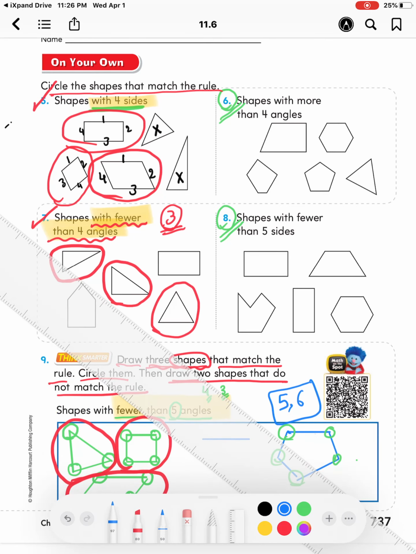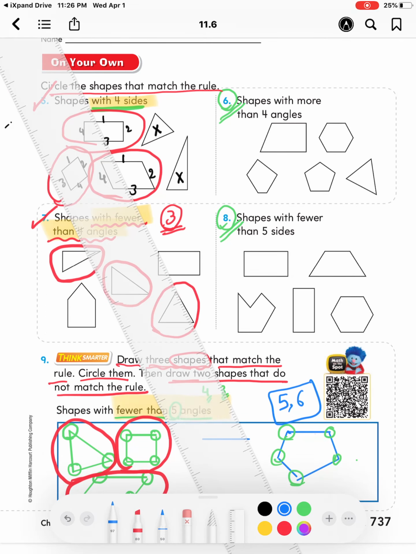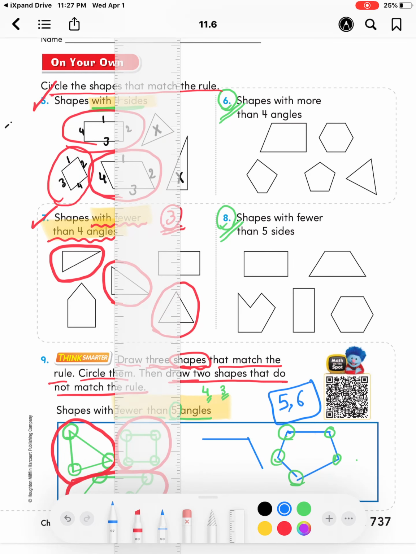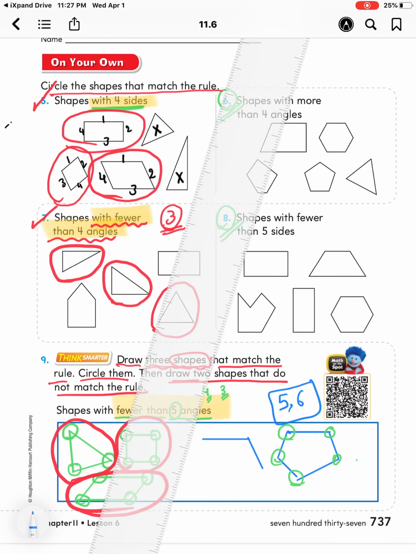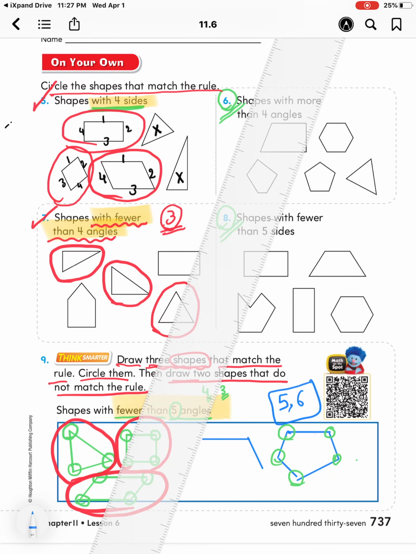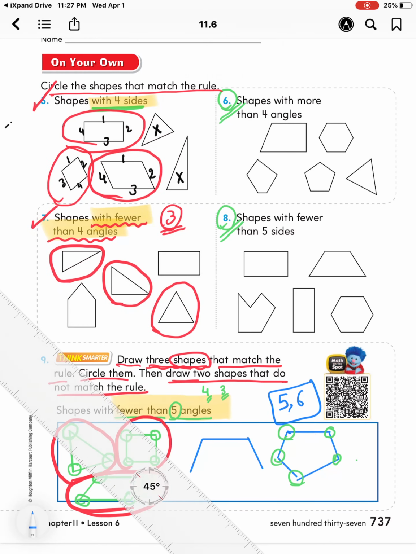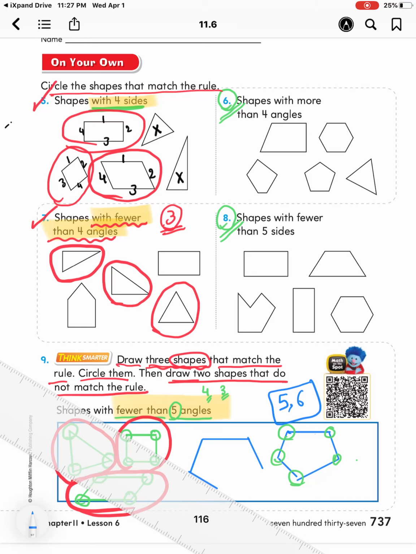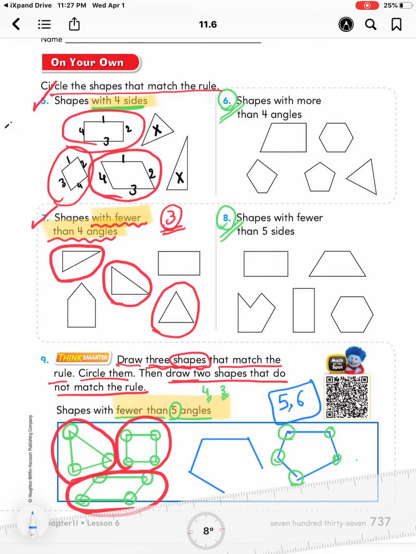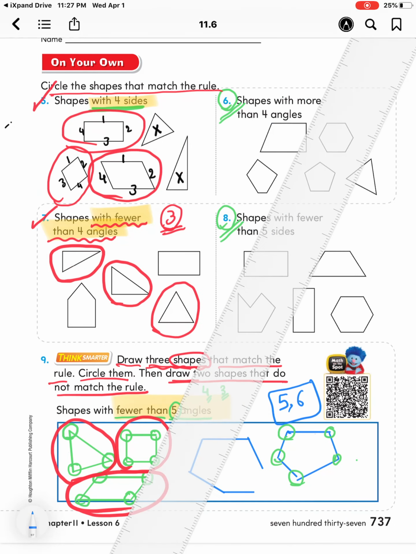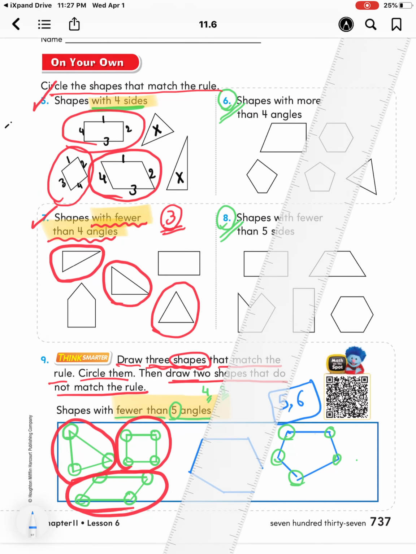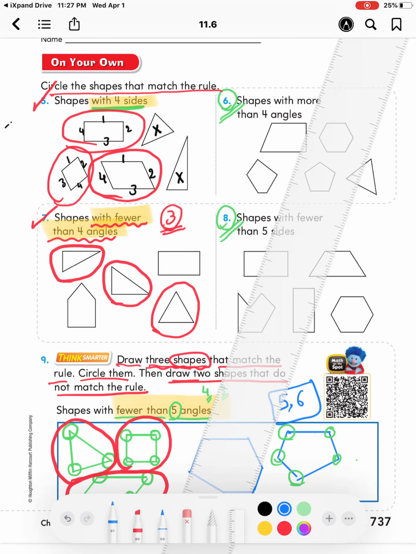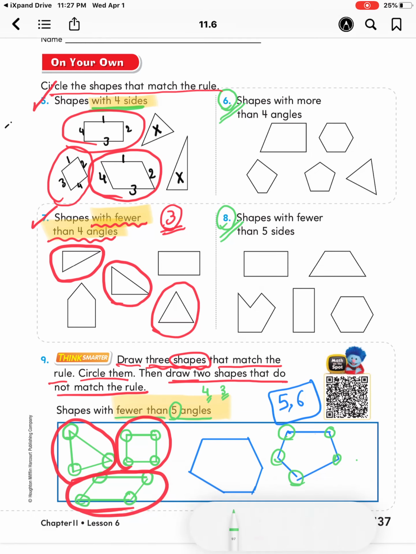1, 2, 3, 4, 5, and finally 6. Let's count the angles so we would be sure how many angles we have.